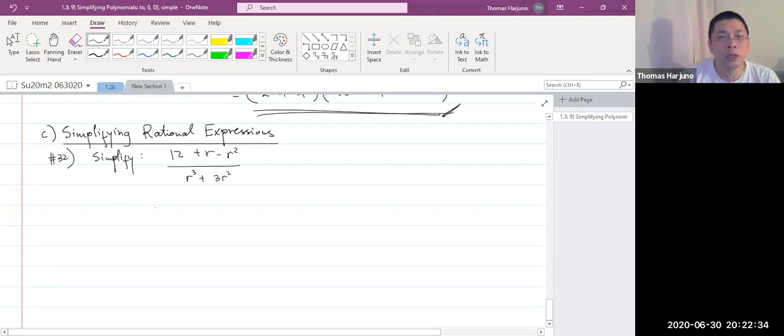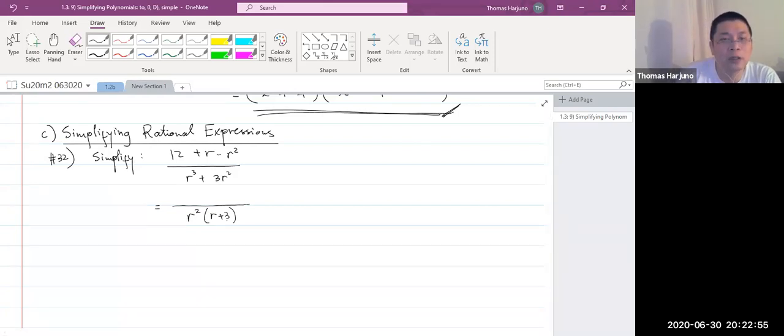So you see on the top, I need to factor the trinomial. And at the bottom, I have common factor r squared. Let me do the bottom first. The denominator, I have common factor r squared, r plus 3.